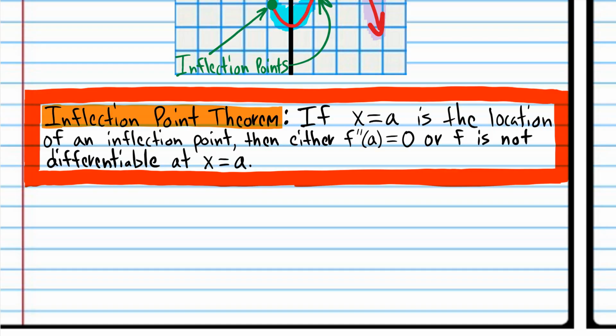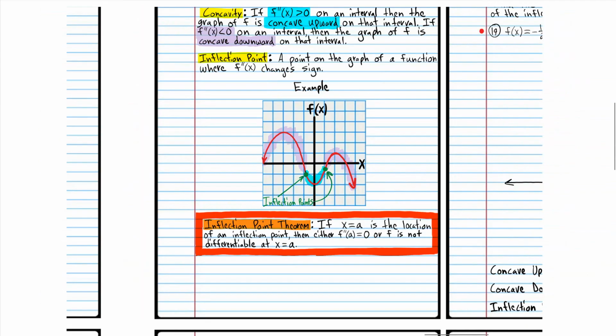But the second derivative version says kind of the same thing, except with the second derivative. If you have a point we know is an inflection point, then that means that the second derivative at that location is going to be 0, or the function is not going to be differentiable at x equals a. So very similar to Fermat's theorem.